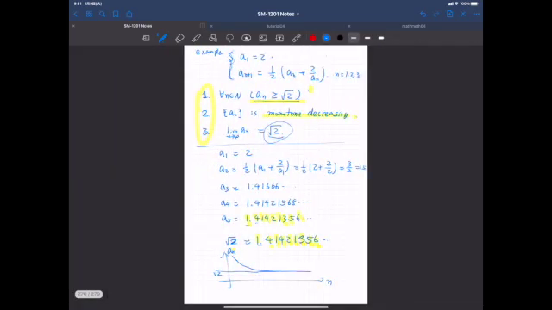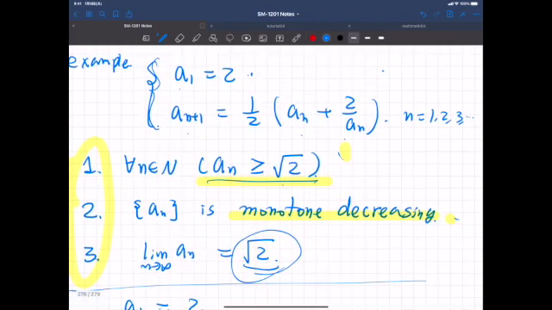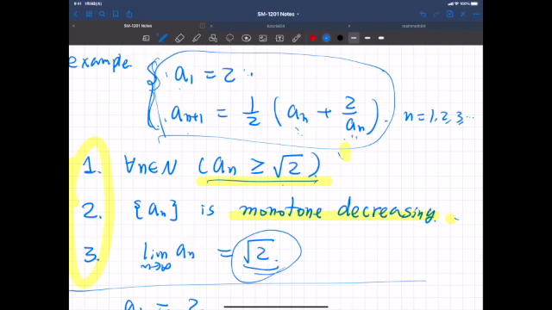Oh, this one. So if we define a sequence like this, all the terms of this sequence are rational numbers, right? a_1 is a rational number, and a_2 is a rational number because it's defined by this: a rational number plus 2 over that rational number, which is a rational number. So if you add them, it's a rational number. If you divide them by 2, it's a rational number.